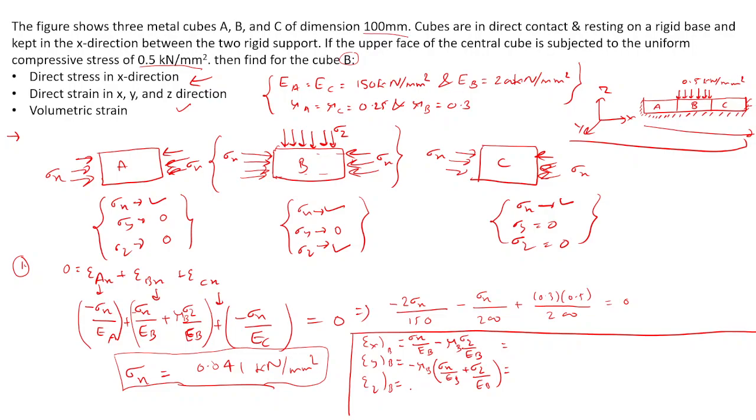And what would be the z direction? Loading is there, so due to that sigma z by EB will come, and the other one is in the transverse direction, so it will be minus mu b sigma x by EB. Is it correct?